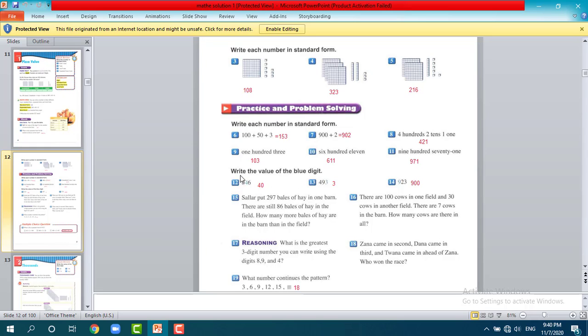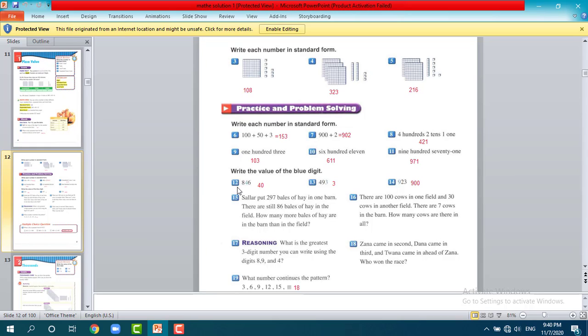Now write the value of the blue digit. Students, from equation 12 to 14, we have some numbers and one digit of each is blue. We find the value of this blue digit.